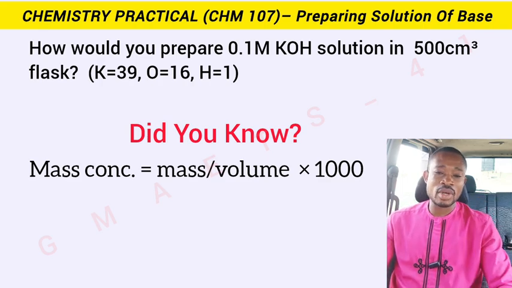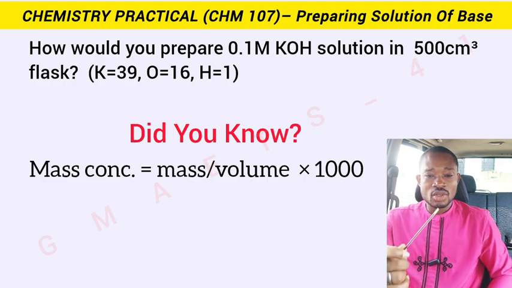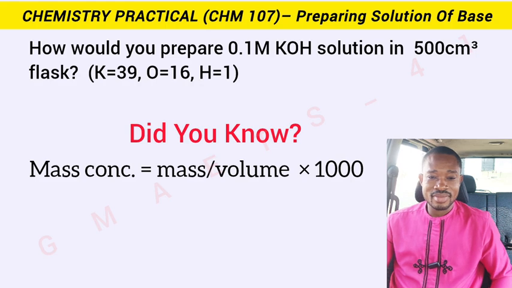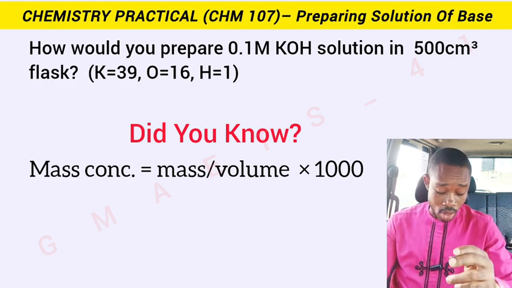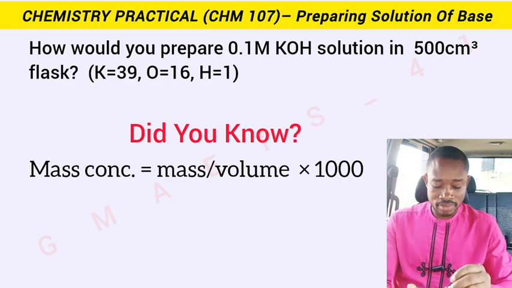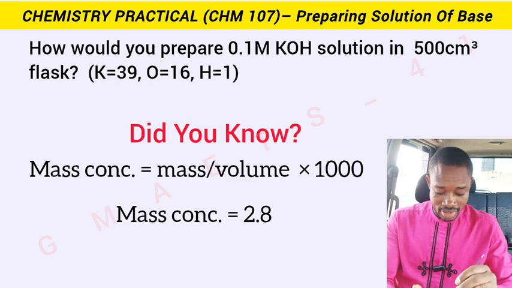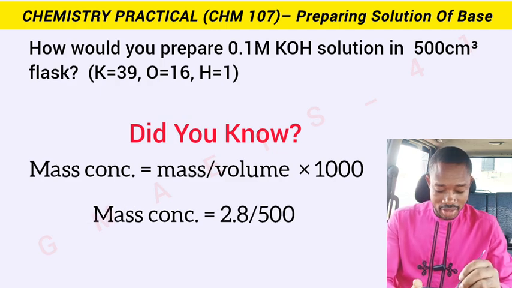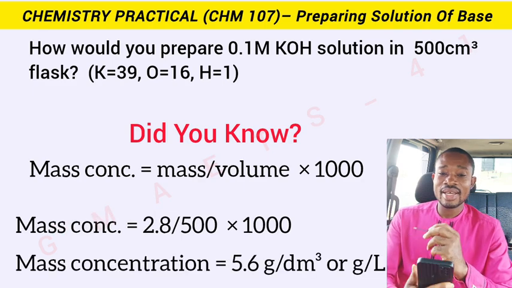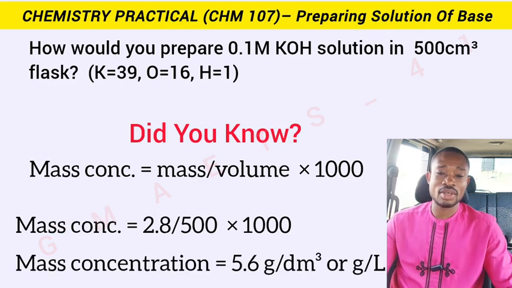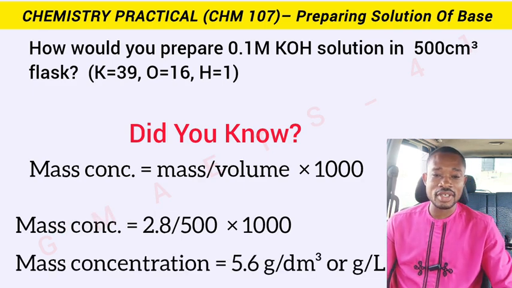Then multiplied by 1000. 2.8 divided by 500 times 1000. What will it be? Now let us find out. 2.8 divided by 500 and then multiplied by 1000. So this is going to give us 5.6 gram per dm cube.